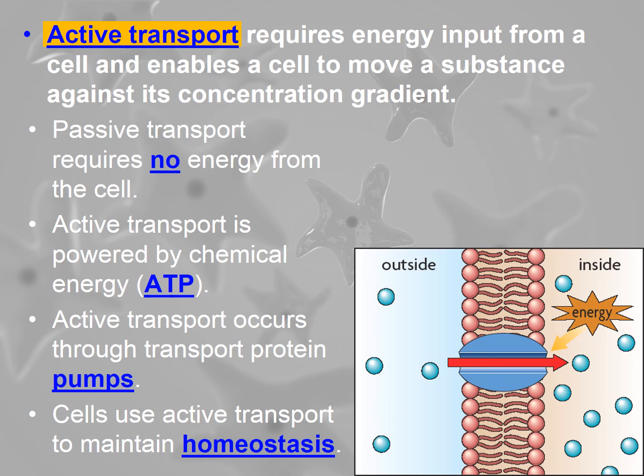I said before, passive transport is like riding a bike down a hill. You don't need energy to do that. Active transport is the opposite of that. It's you pushing that bike up the hill. It takes a lot of energy to get that bike back up the hill. So passive transport, no energy.